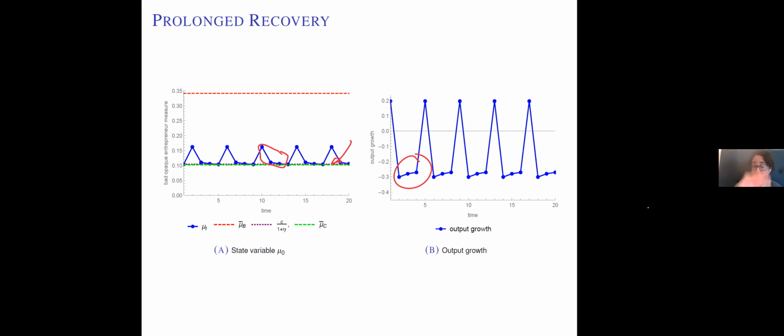When it crosses and goes below, between the pink and green line, then everybody becomes bold. And when they become bold, the fraction of bad entrepreneurs grows. At that point, the output growth is positive, but then the investors again switch to being cautious.